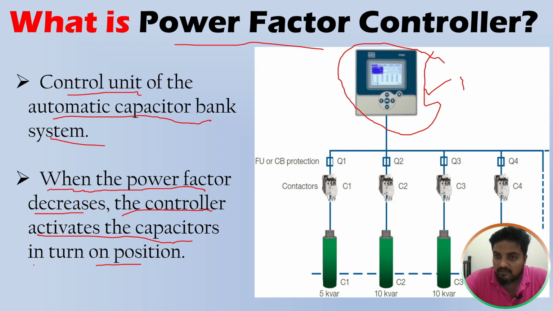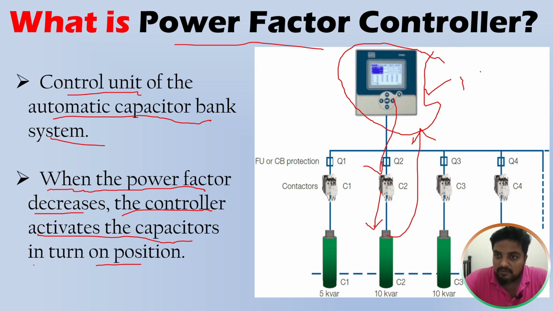it will give a command to the contactor and make the capacitor connect to the power system. The capacitor will feed reactive power to the system. It will compensate that requirement and improve the power factor.